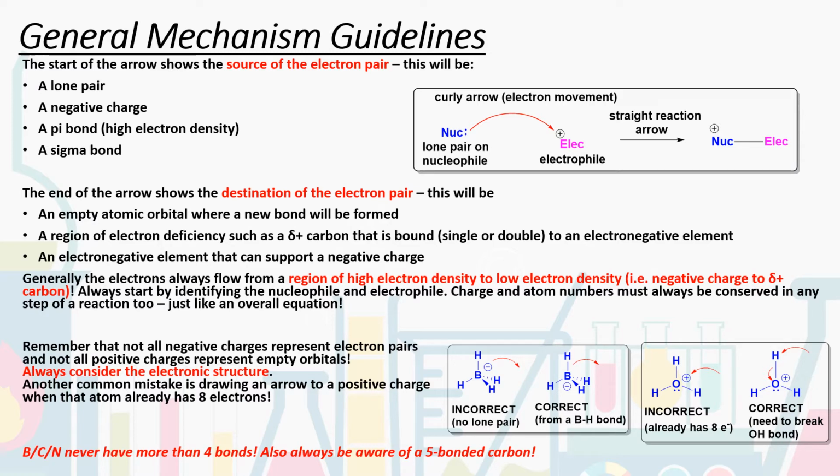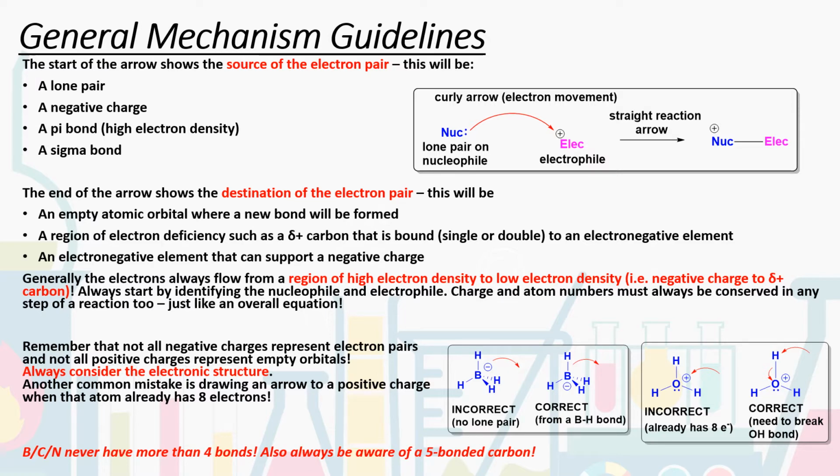For example, if we took AlCl3, aluminium trichloride, we have that empty p orbital. It could be a region of electron deficiency, such as the delta-positive carbon, that is bound either through a single or double bond to an electronegative element. So that's, for example, HCl or a ketone. Or it could be an electronegative element that can support a negative charge.